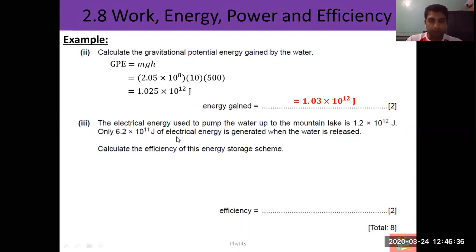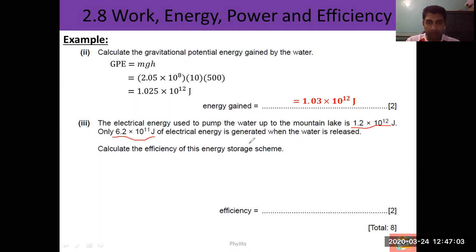The next question: electrical energy used to pump the water up the mountain lake is 1.2 times 10 to the power of 12 joule, and only 6.2 times 10 to the power of 11 joule of energy is generated when the water is released. That means only this amount of energy is generated, whereas this is the amount of energy that is being supplied.